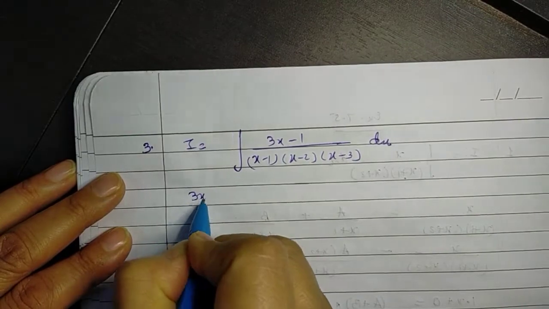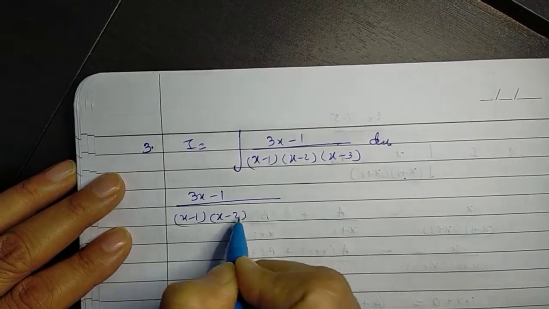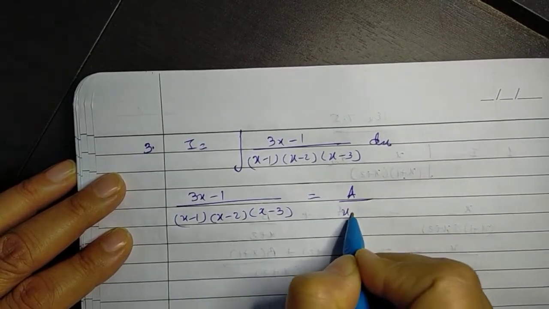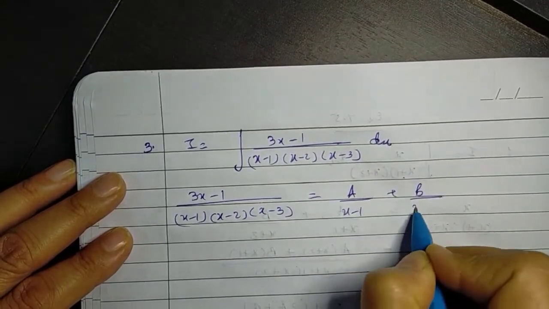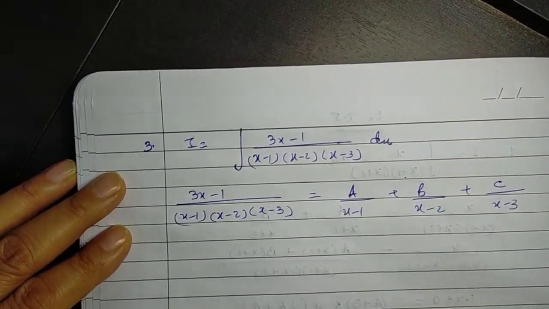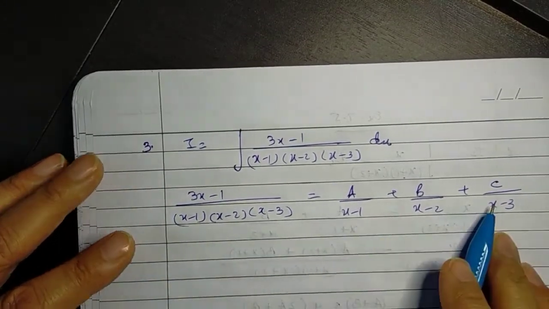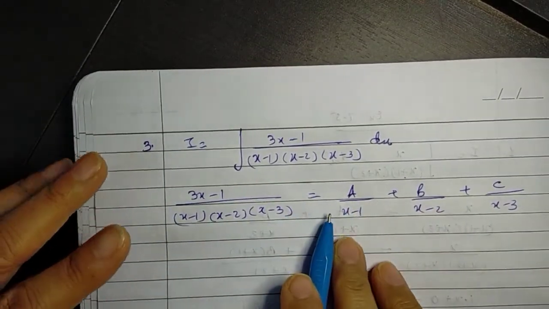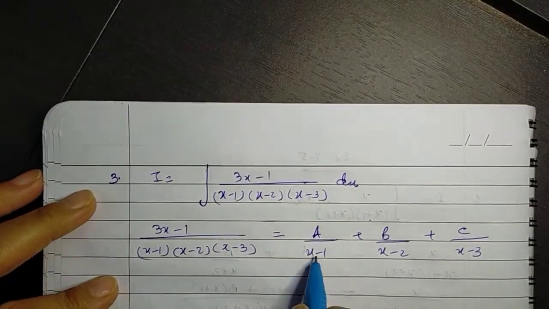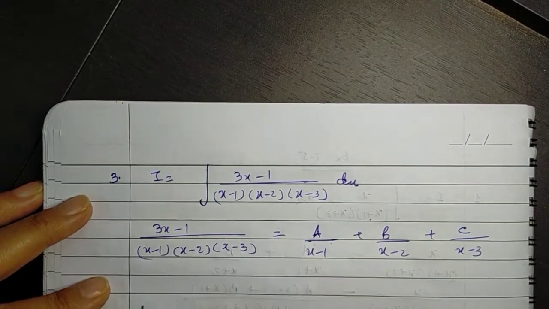Here again, these are all linear factors, so we will be following the same method as a upon x minus 1 plus b upon x minus 2 plus c upon x minus 3. The traditional method involves taking the LCM and then comparing the coefficients and solving, which is slightly lengthy. An easier method is to simply use the shortcut method. So let's do a first.